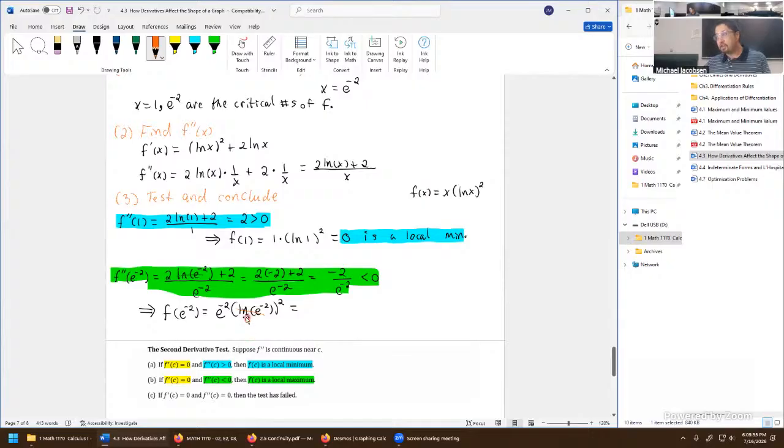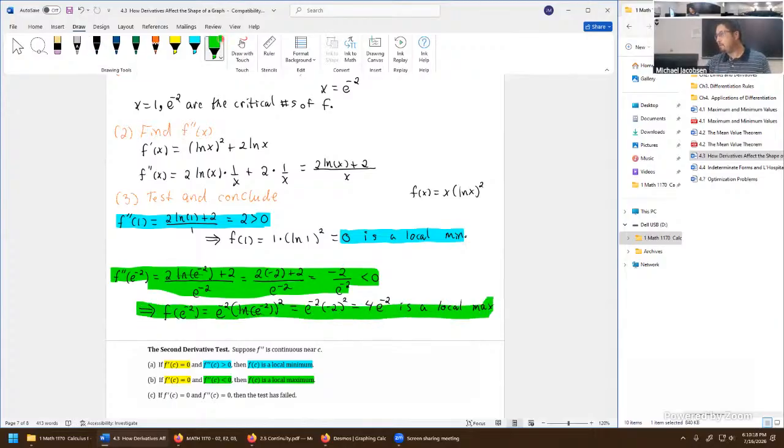Now the cancellation goes this way, so this is effectively just negative 2 squared. e power negative 2 times negative 2 squared gives us 4 times e power negative 2. And now we can conclude that that is a local max. So that's the maximum value for this function.